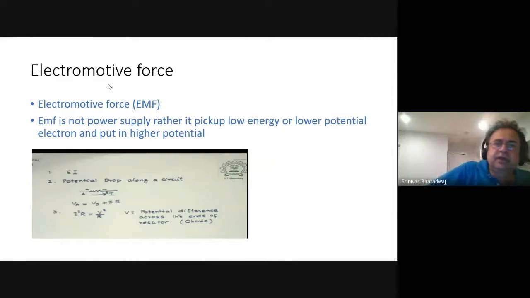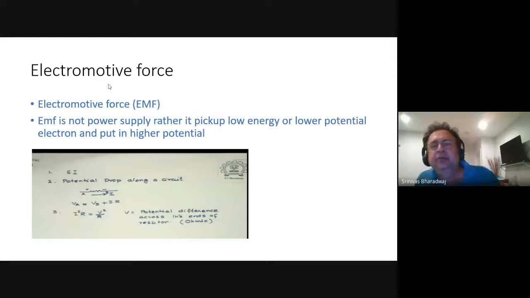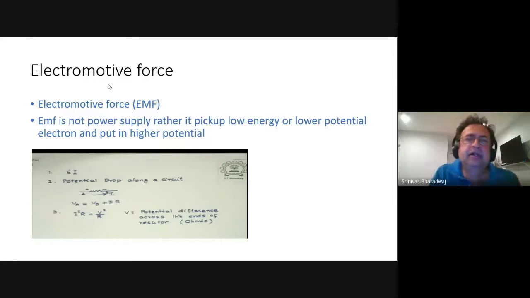Electromotive force, or EMF, is really about the voltage, and it's not about power. It's not a power supply. Rather, it is a pickup of energy or potential. What it does is give you a potential drop along the circuit.